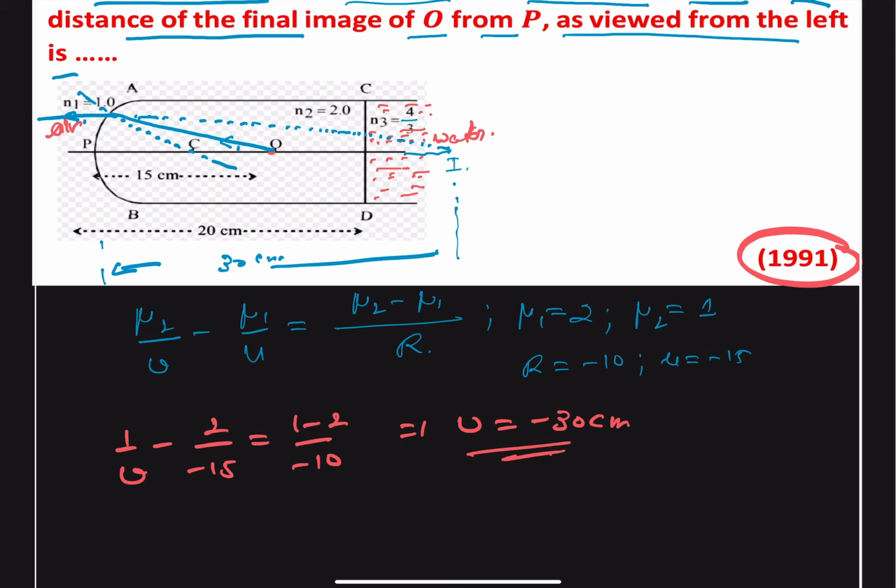And CD is a plane surface, and because the image is virtual, this plane surface is not going to have any effect on this image formation.